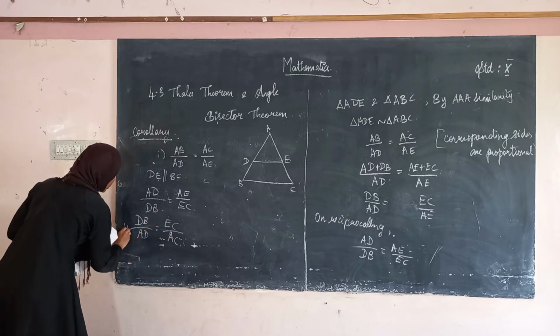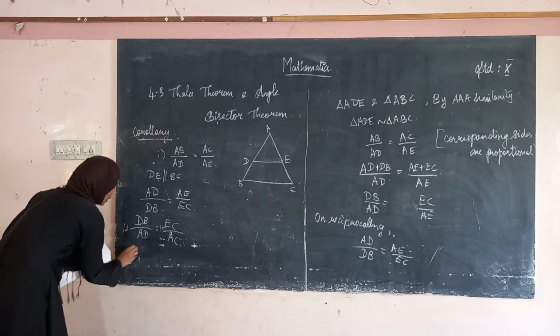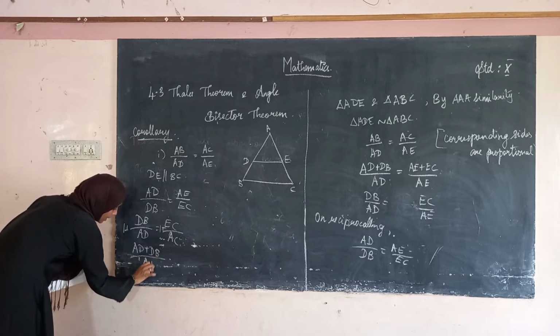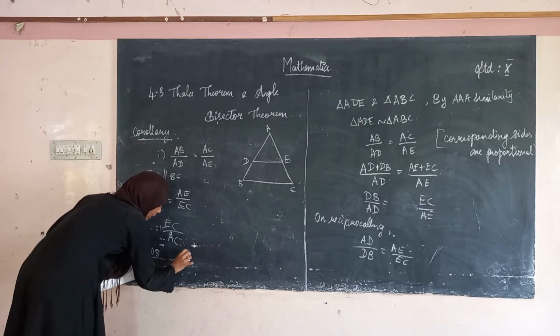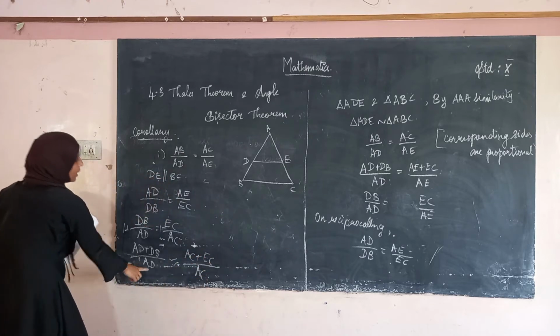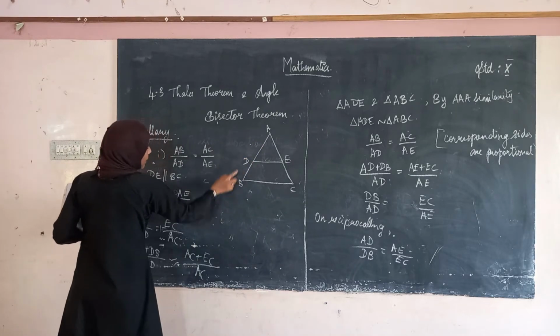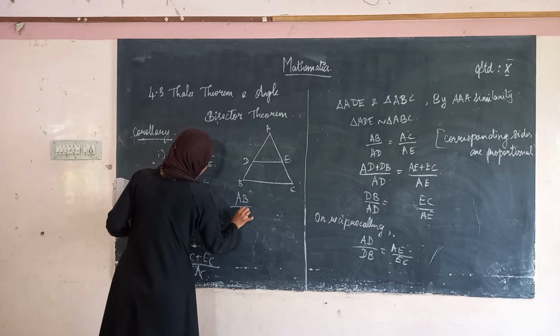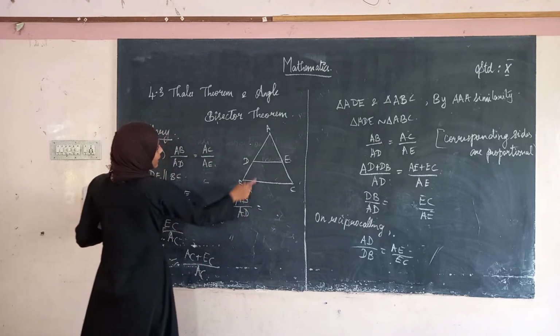Adding 1 on both sides, 1 plus, therefore AD plus DB divided by AD equal to AE plus EC divided by AE. What is AD plus DB? AD plus DB is AB.